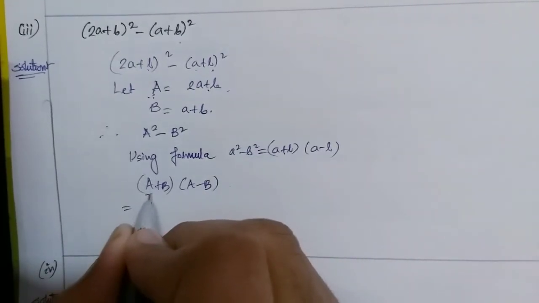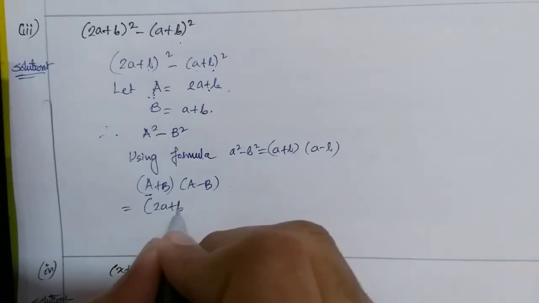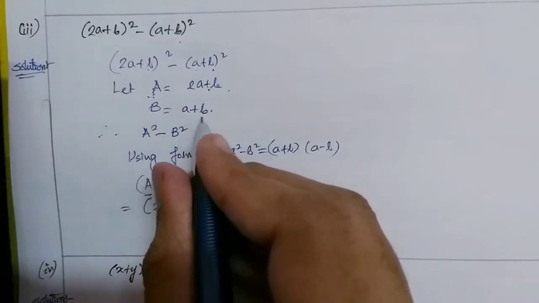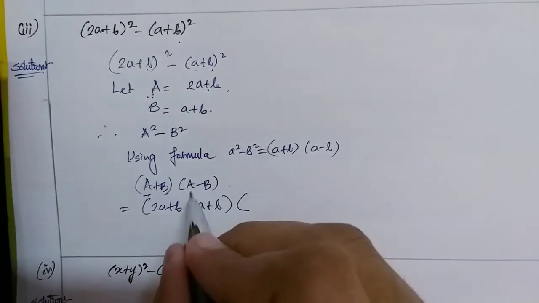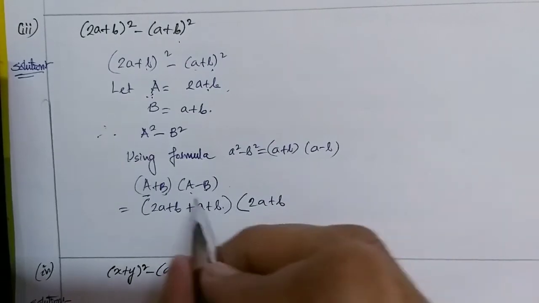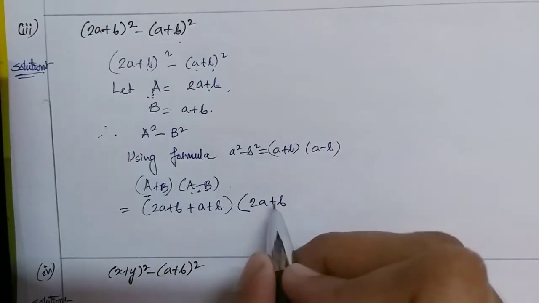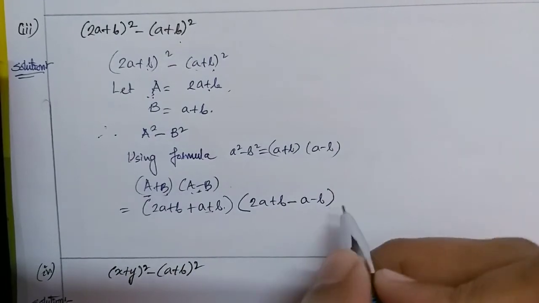Now what is our capital A? Capital A is 2a plus b, so put it there. What is capital B? Capital B is a plus b, so write it. Again for this one, in place of A write 2a plus b, and in place of B write a plus b, but remember there is a minus sign here, so the minus will change the sign inside, so that will give you a minus b, right?